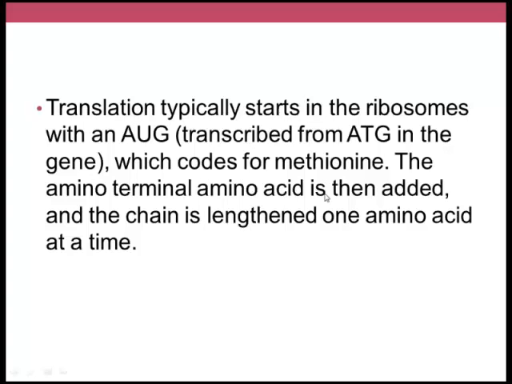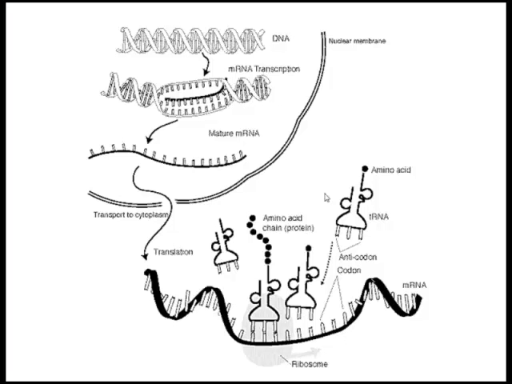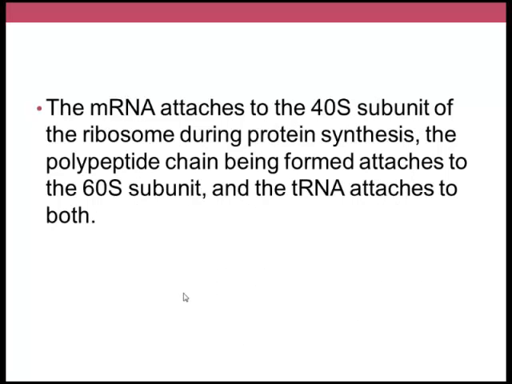Let's see if it is clear on the figure or not. The subunits are not clear here. So this is the ribosome. As an organelle, it consists of two subunits, 40S and 60S. The mRNA combines with 40S, the formed chain combines with the heavy one, 60S, and tRNA attaches to both.